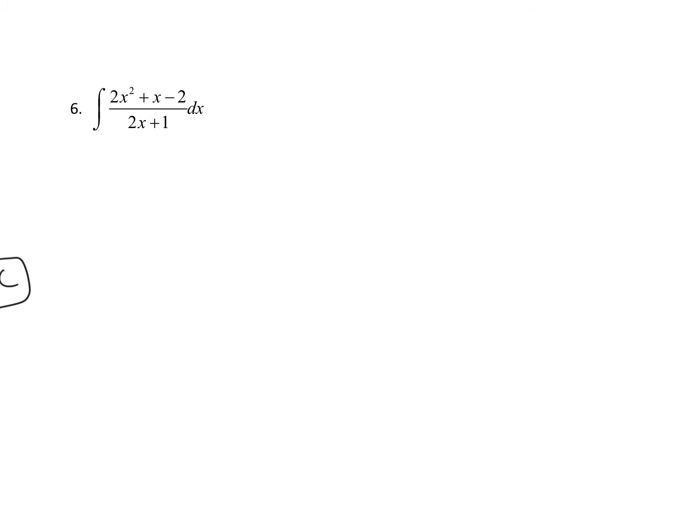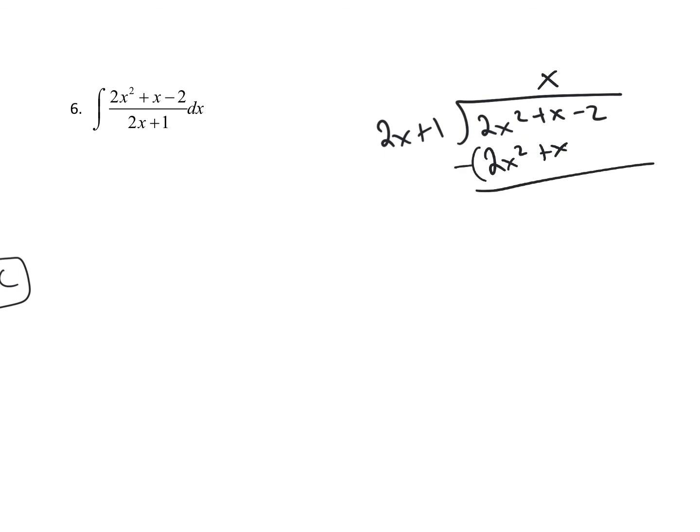Okay, so let's try some more long division. If you want, pause it and try it on your own. 2x plus 1 dividing into 2x squared plus x minus 2. 2x times what gives me 2x squared? I would need to multiply that by x. Then I distribute the x, 2x squared plus x, and I'm going to subtract that.